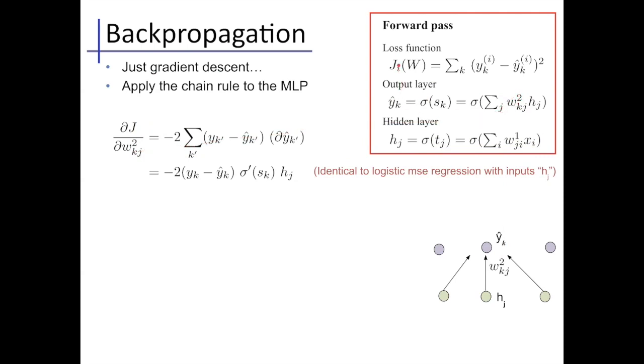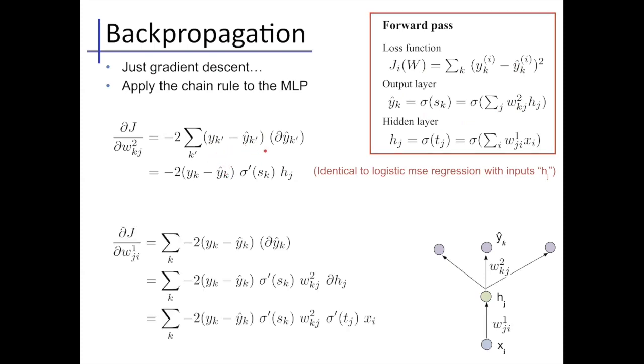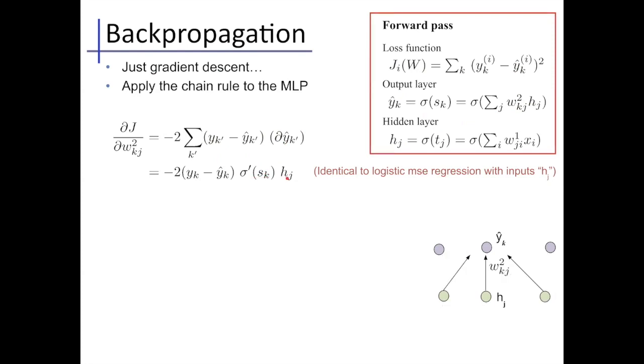You calculate the gradient of J with respect to Y hat, which is a quadratic function, in this form here. Then calculate the gradient of Y hat with respect to W2, in this form here. By doing that, you get the gradient with respect to the W2 parameters.